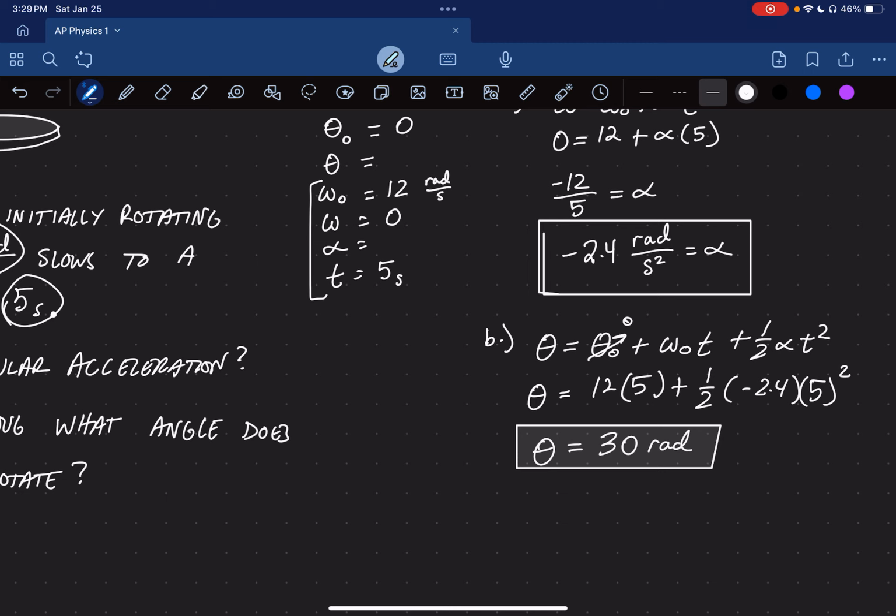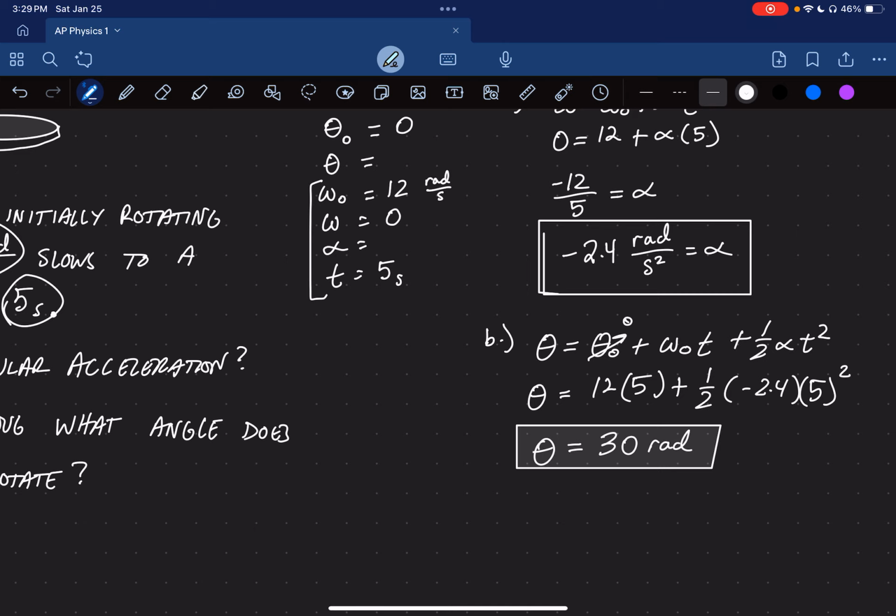30 radians. If a full complete revolution or a full complete rotation is 2 pi radians, what we can do is simple, real quick, like a rough calculation. 2 pi radians is about 6.28. And so if you just take 30 radians divided by 6.28, we would know about how many rotations it's done, approximately.